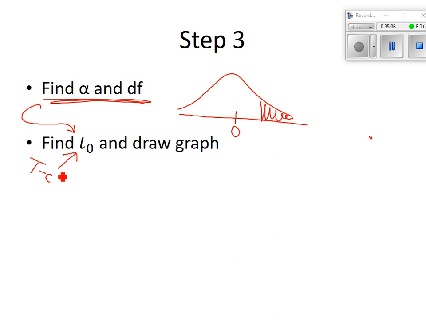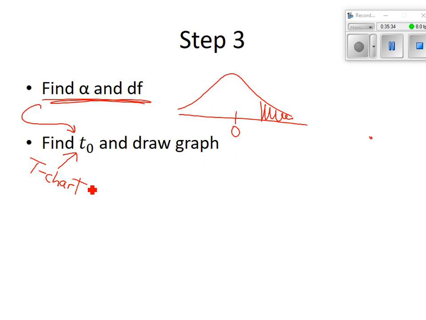and you find your critical value. Remember your DF, unlike the last section, the n's are both the same, so you just got to pick one of them and say whatever n is minus one, and then use that on the chart.